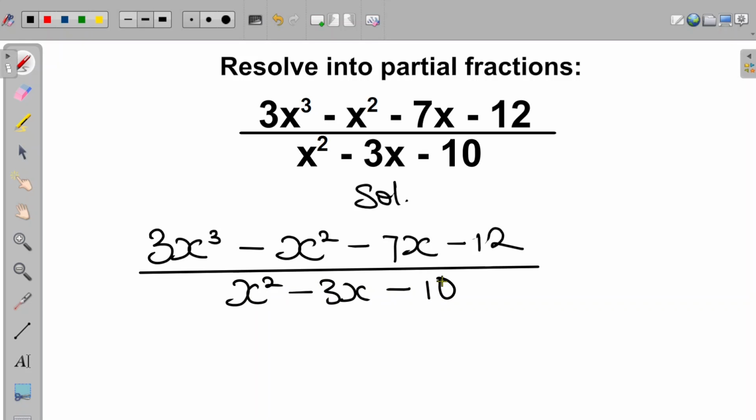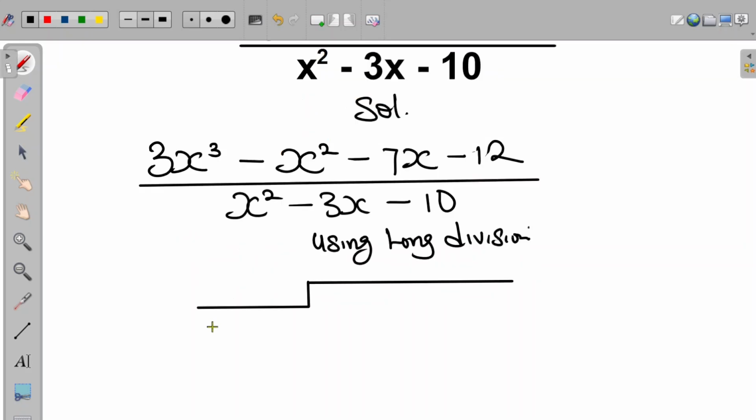Now, if you carefully look at this fraction, you will observe that the power of x in the numerator is not less than that of x in the denominator. So to reduce the power of x in the numerator, we have to use the long division method.